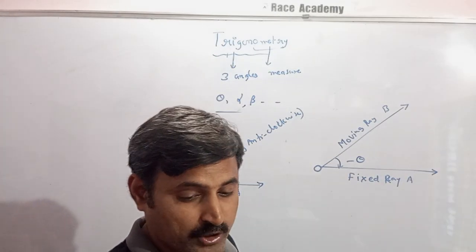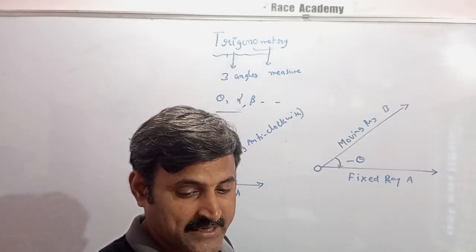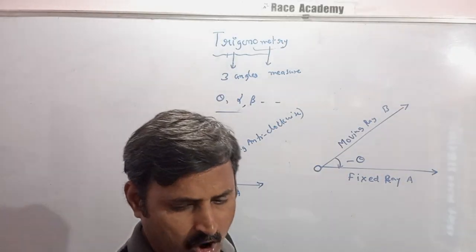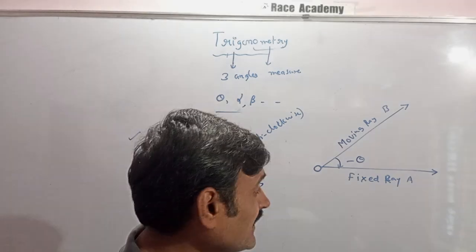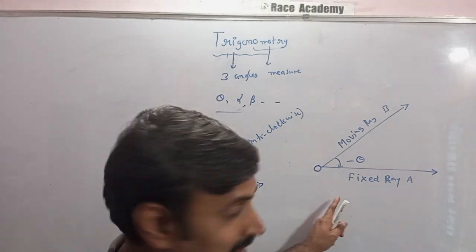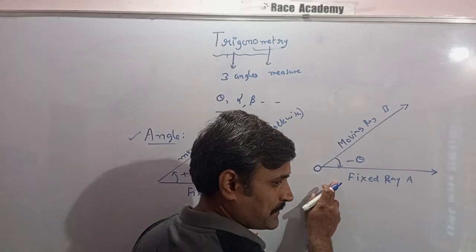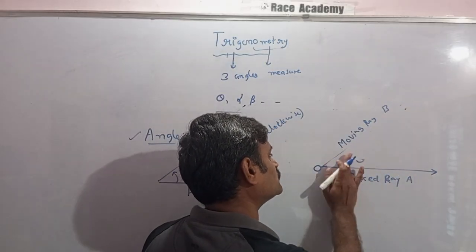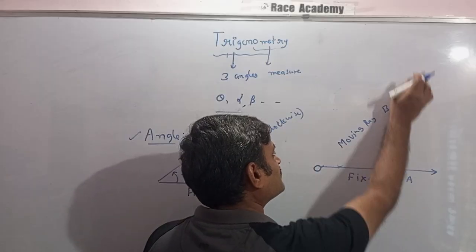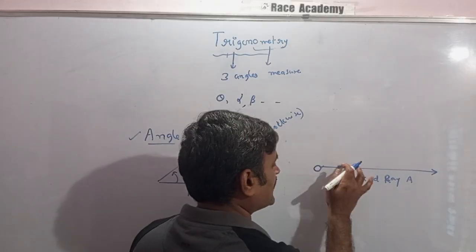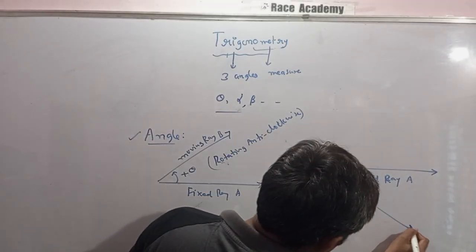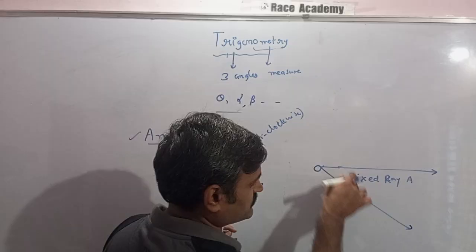If the rotation of the terminating ray is in the clockwise direction, this is the moving ray or terminating ray you can call it, then the angle is regarded as negative. If this diagram is confusing for you, I will draw the same negative ray diagram in a different way, below this axis, the fixed ray axis.